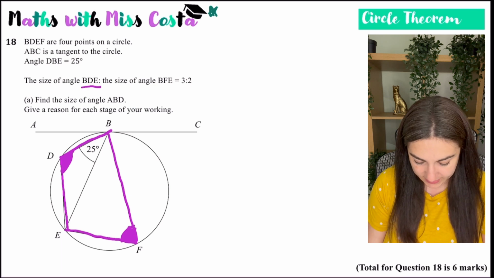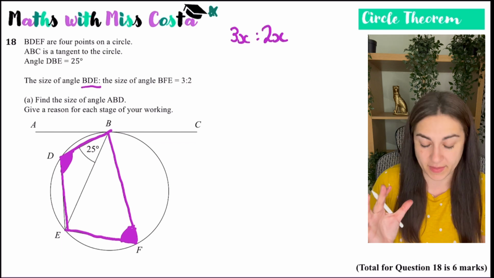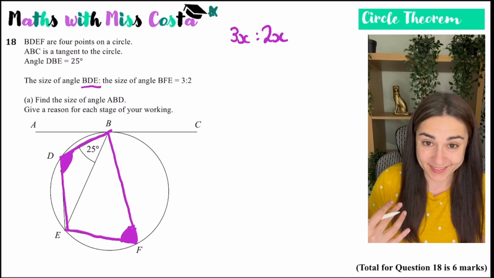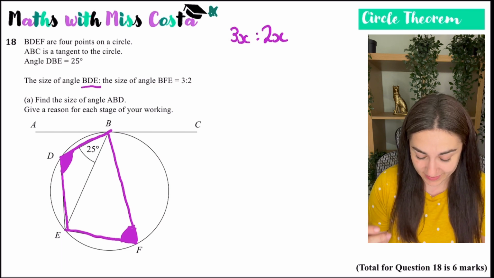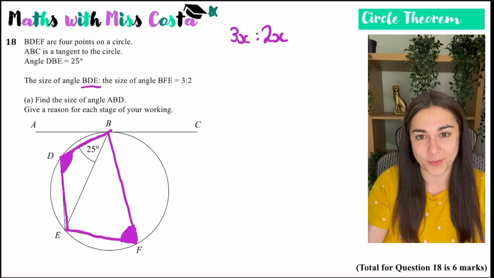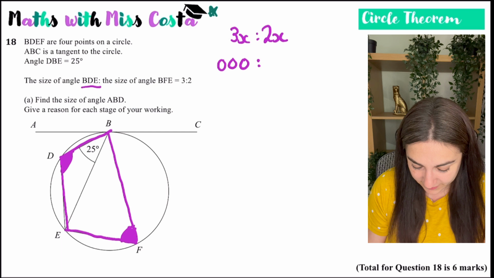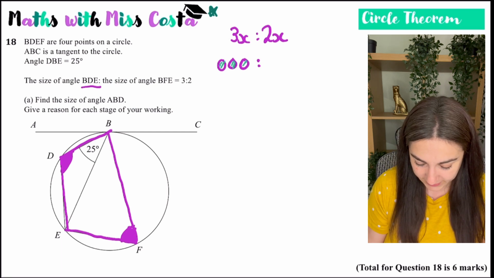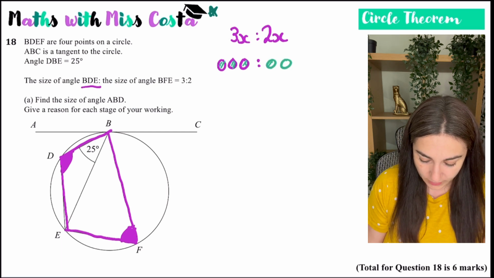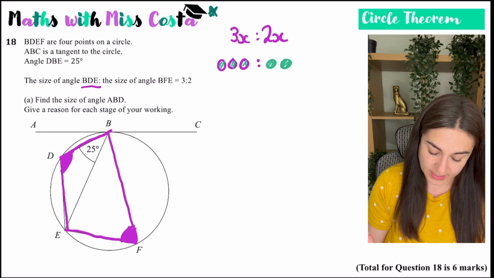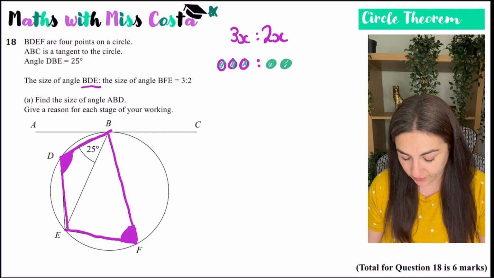So BDE is 3 parts. So let's just call that 3x to 2x, just so that I have something. It's in the ratio 3 to 2, so whatever the angle is, I can call that. What a ratio 3 to 2 means is that for every 3 degrees that this angle has, the other angle has 2 degrees.